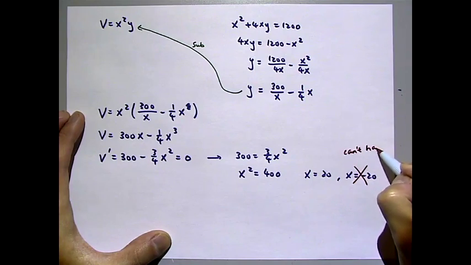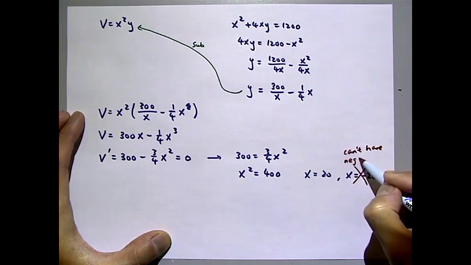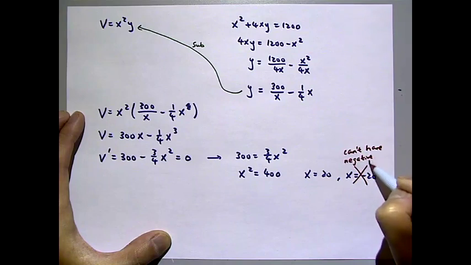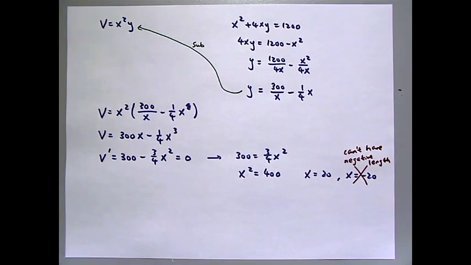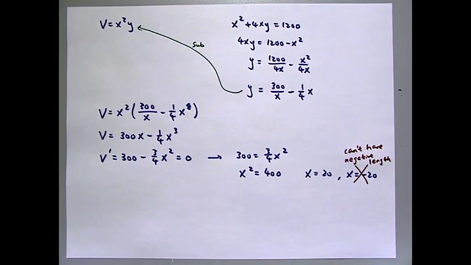Can't have negative length. Some physical quantities can be negative, but a lot of them cannot. Length cannot, weight cannot, volume cannot be negative. So this is the only thing remaining. We still have to check that we do get the maximum V. Okay?